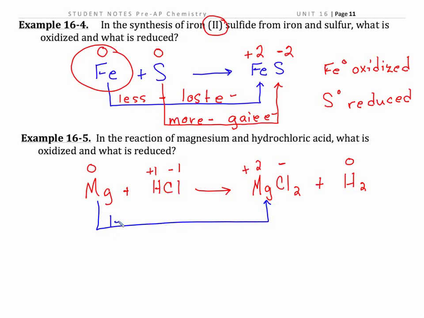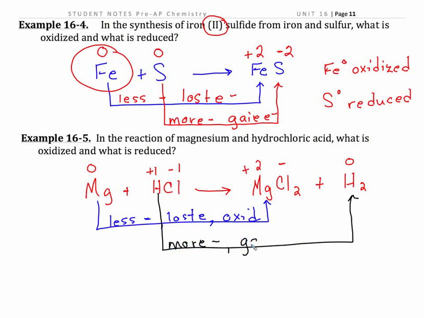Magnesium became less negative, so it lost electrons, so that's oxidation. The hydrogen went from +1 to 0, which is more negative. That's a gain of those negative electrons, and that's reduction.